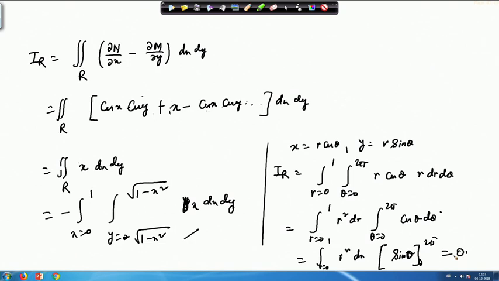So, today we tried to learn about Green's theorem, and we also saw its efficiency, how you can use it and how it makes our life easier while calculating a surface integral or line integral. So, I will stop here for today.